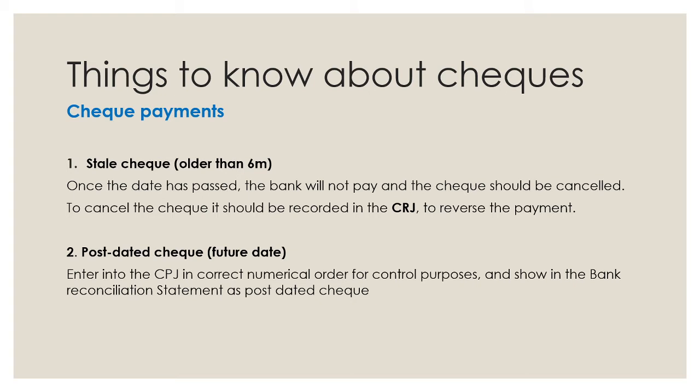So in order to make sure that it's not a stale check, I would write a future date on that check, ensuring that he can only deposit it into his account, withdraw from my account, on a certain date. So a post-dated check is where it's a future date.